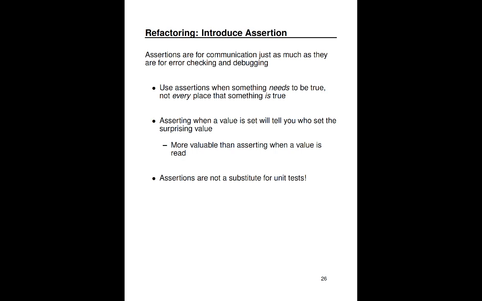Also, the placement of the assertion matters. So for instance, let's say you have a value that has a setter method. Making the assertion in the setter method will tell you who set the surprising value in the code. This ultimately is much more valuable than asserting something about the code when the value is read, because you don't know how it got in there in the first place.